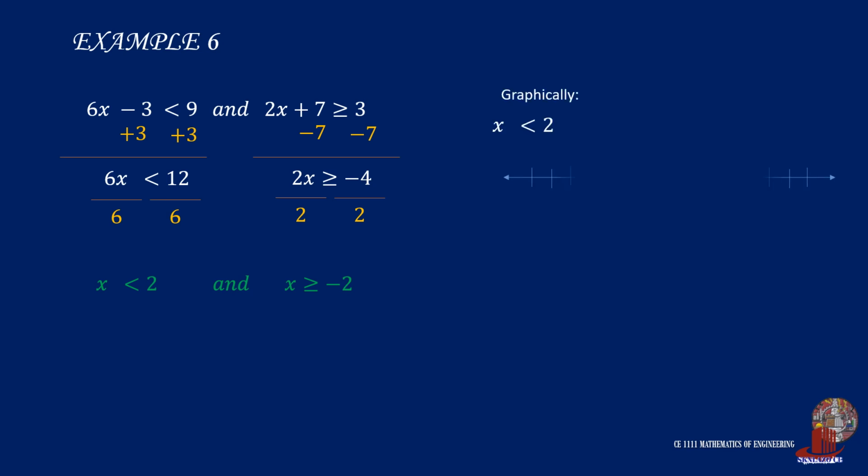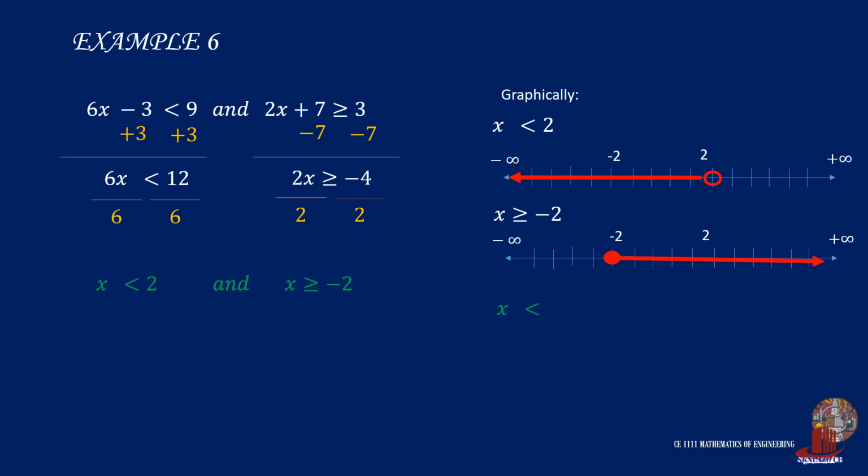We can draw the two inequalities separately, that is, having a hollow dot on 2 and the arrow points to negative infinity. The second inequality marks a filled dot at negative 2 and an arrow pointing to positive infinity. Now, how do we connect the two inequalities?